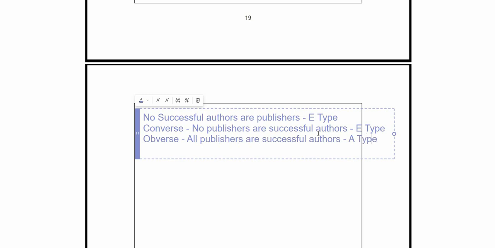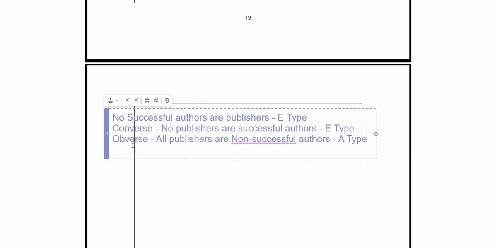Wait a minute, there are some more things to be done. We also know that in obverse we have to replace the predicate, successful authors, with its complement, so non-successful authors. So all publishers. In obverse, we keep the subject and predicate at their place, but replace the predicate with its complement.